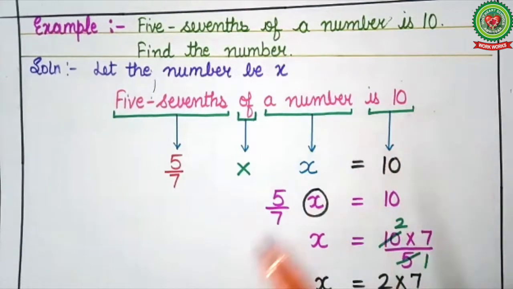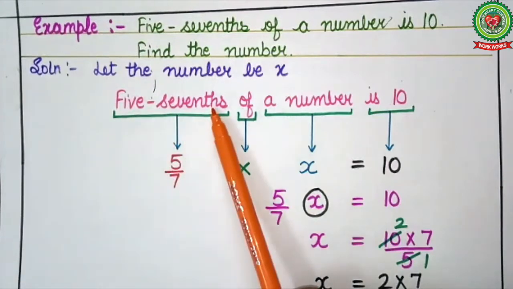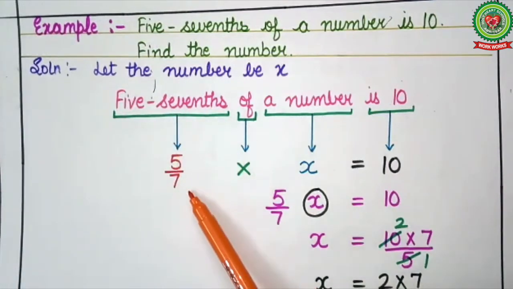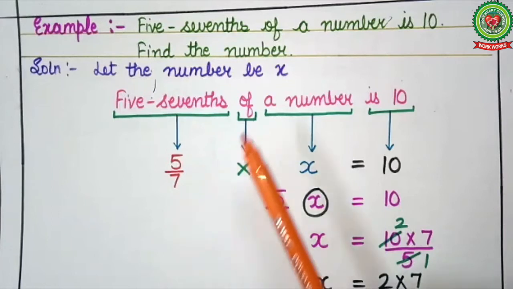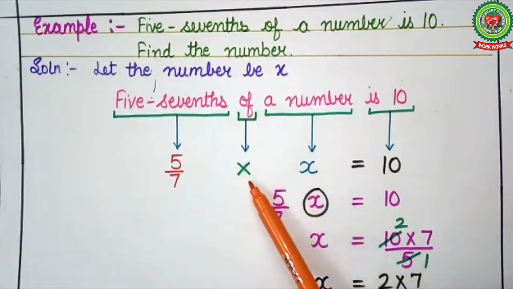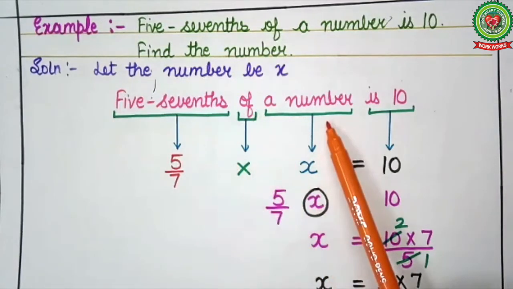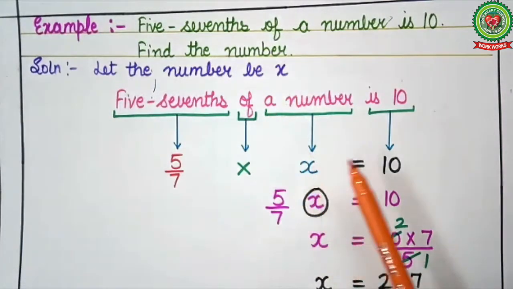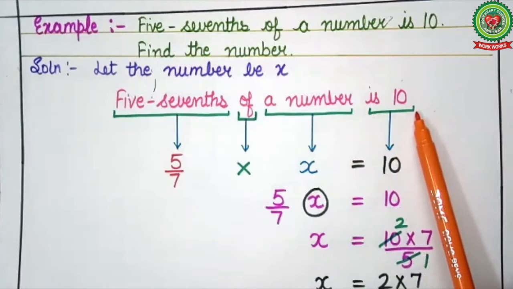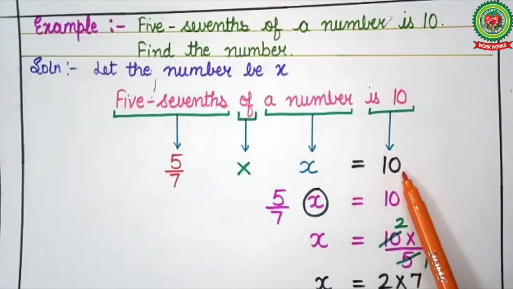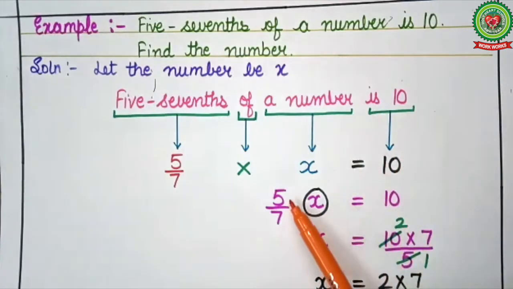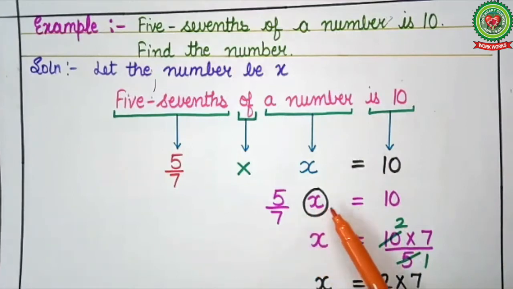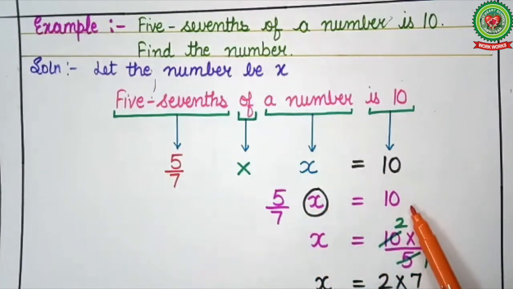Now we have done fractions. So we know 5/7 means 5 upon 7. Of means multiply. A number that we have taken as x, is 10, equals to 10. Now 5 upon 7 x equals to 10.